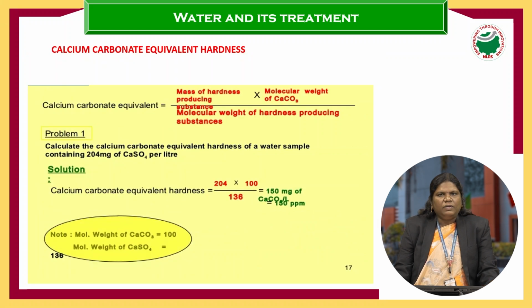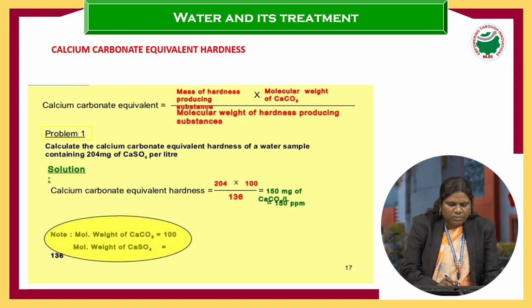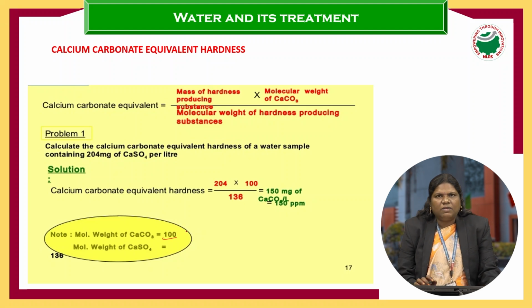Next, why we will take the calcium carbonate equivalent hardness. The calcium carbonate is the most insoluble salt, and the molecular weight of the calcium carbonate is 100 and the equivalent weight of the calcium carbonate is 50. For ease of calculation and for the most insoluble nature of the calcium carbonate, we will take the calcium carbonate equivalent hardness as the standard value.